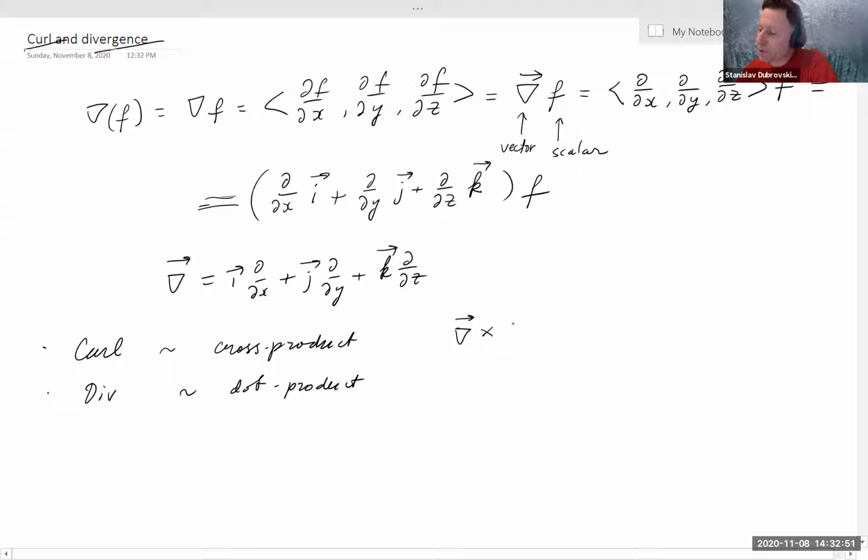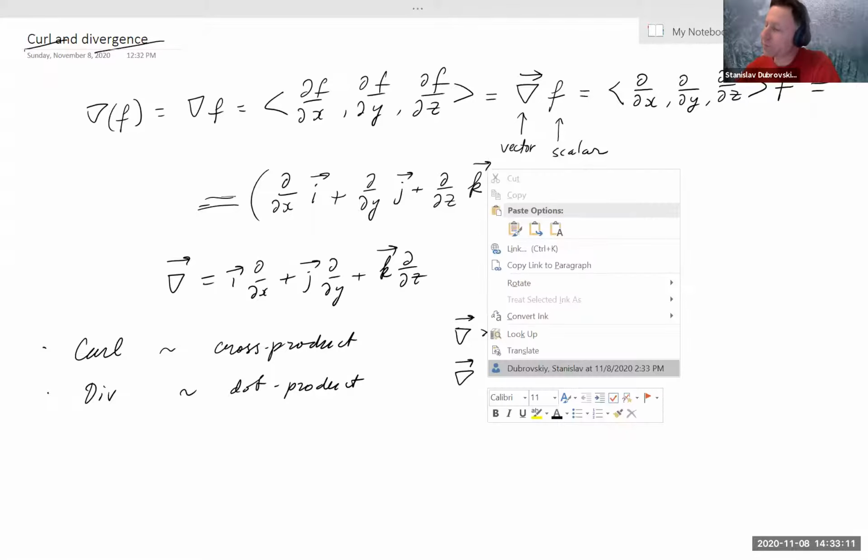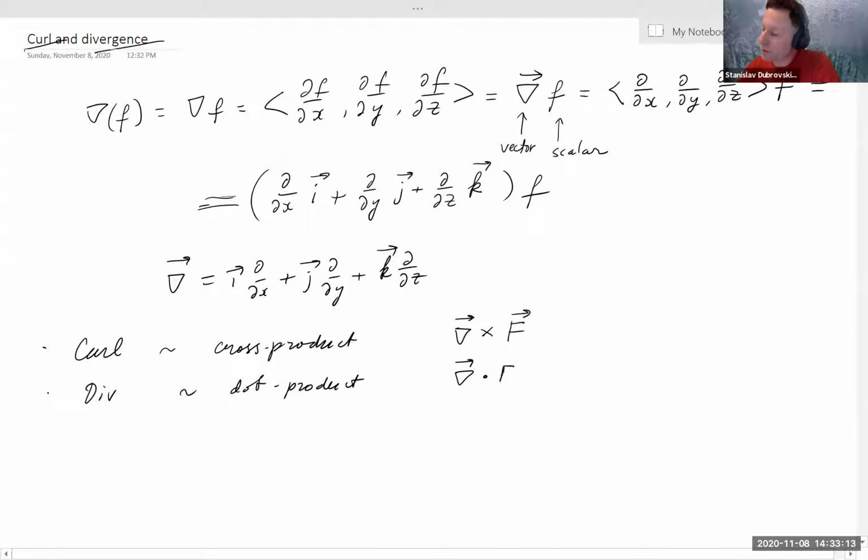So writing it like that, we will have a cross product of a vector consisting of these differential operators and a vector field. And divergence will be a dot product with a vector field as well.